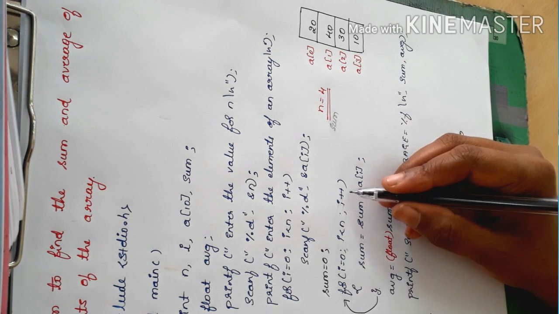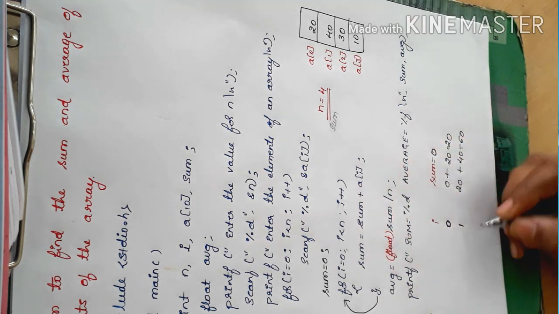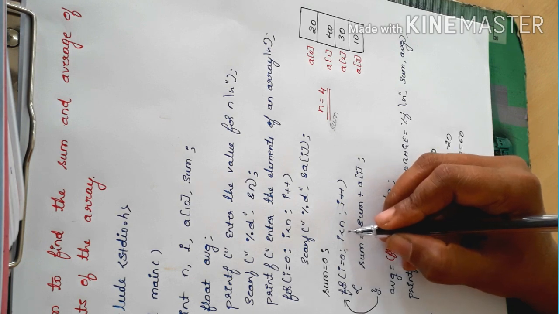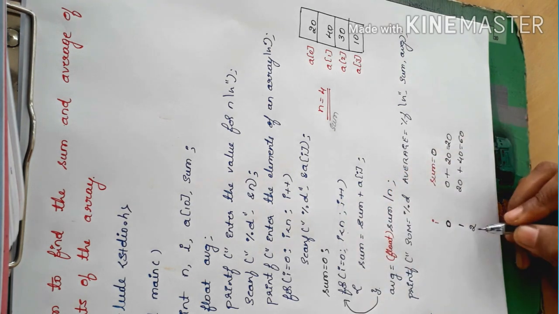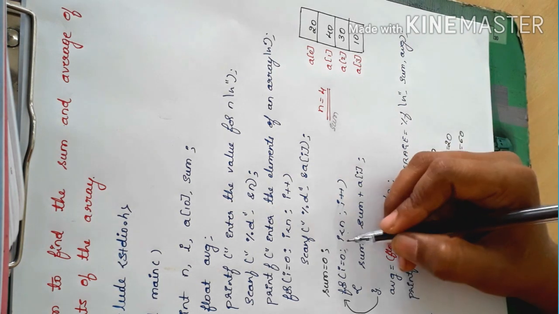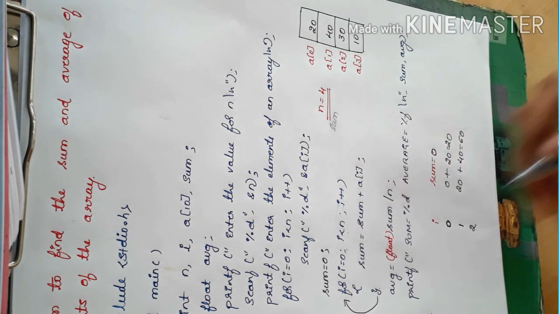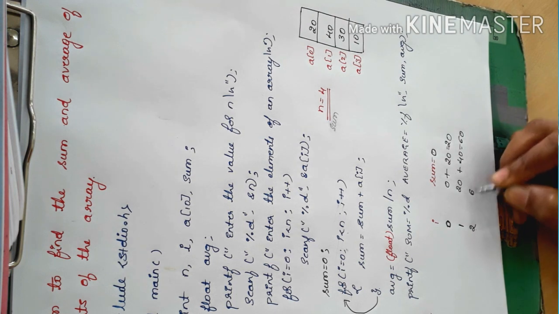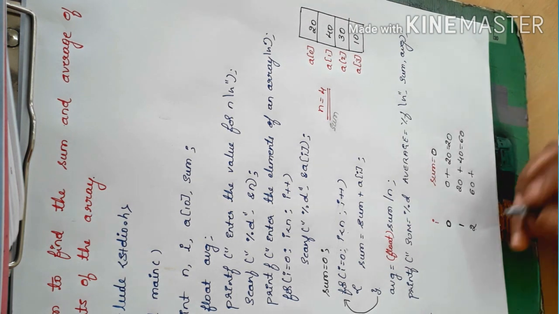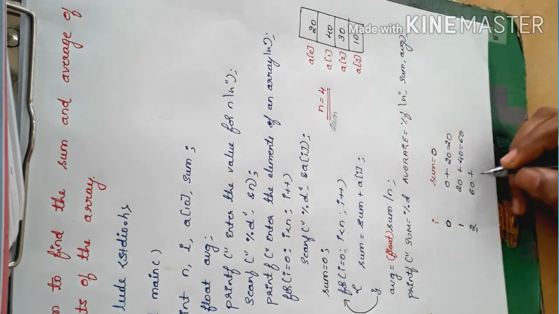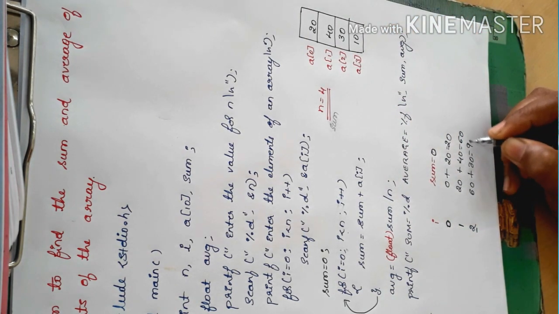Next, updation, increment the value of i by 1. i becomes 2. Then condition i less than n: i value is 2, n value is 4, 2 less than 4, the condition is true. Control enters the for loop. Next sum is equal to the previous value of sum, 60, plus A of i, means A of 2. A of 2 is 30, that is 90.